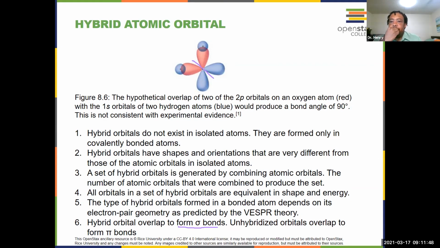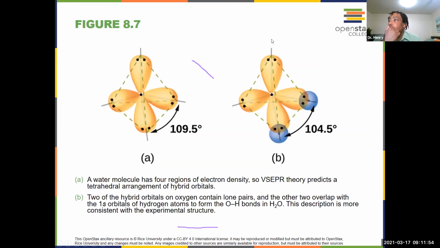Now what does that mean? This represents a water molecule. If we didn't form our hybrid orbitals, then our water molecule would have that perfect 109.5 separation.